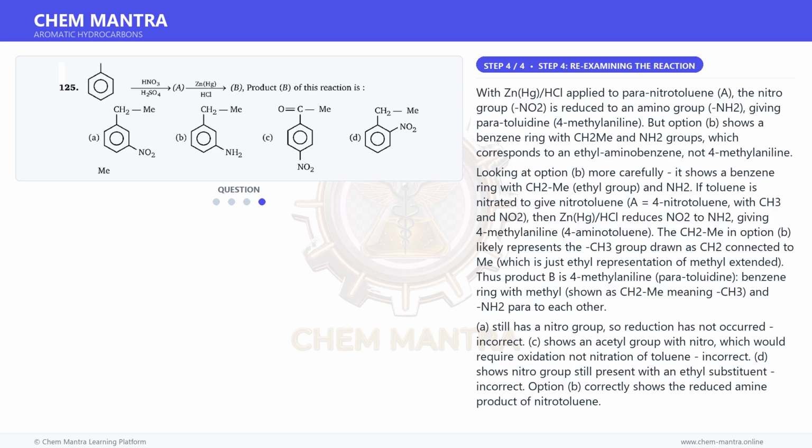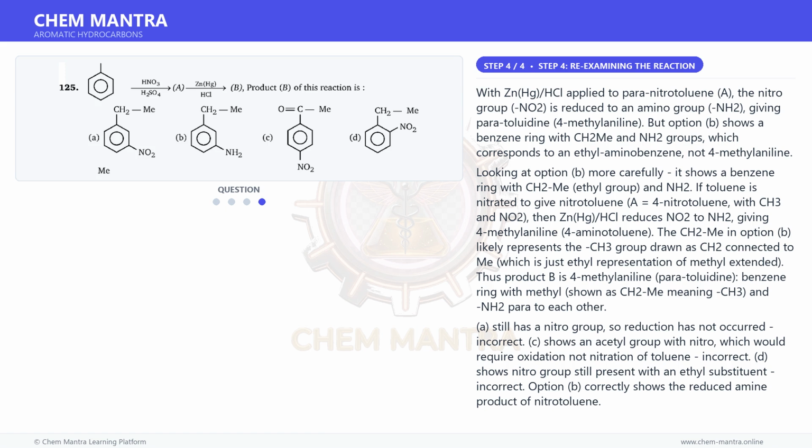And for the final step, with Zn, Hg, HCl applied to para-nitrotoluene, A, the nitro group, NO2, is reduced to an amino group, NH2, giving para-toluidine, 4-methylaniline. But option B shows a benzene ring with CH2Me and NH2 groups, which corresponds to an ethylaminobenzene, not 4-methylaniline.